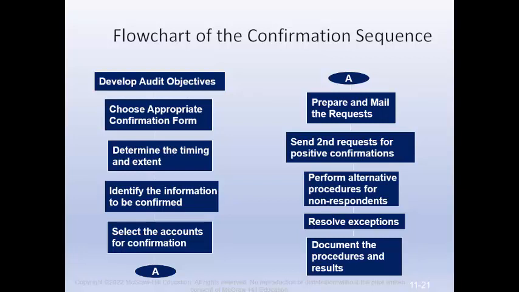In the case of positive confirmations, the auditors may need to send second requests, and in some cases perform alternative procedures if no response is received. After any exceptions have been resolved, the auditor should thoroughly document the confirmation process in the audit work papers.